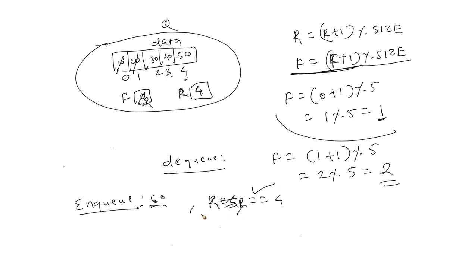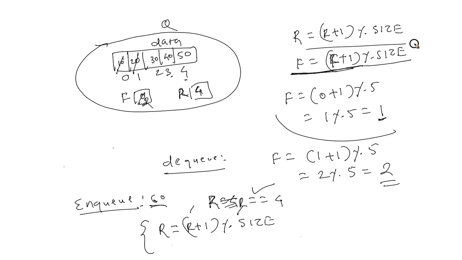But in case of circular queue, what do we do? We increment R. How will I check whether the queue is full or not? I first increment R: R equal to R plus 1 mod size.